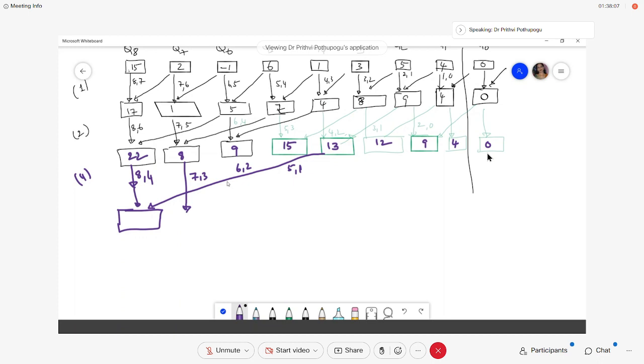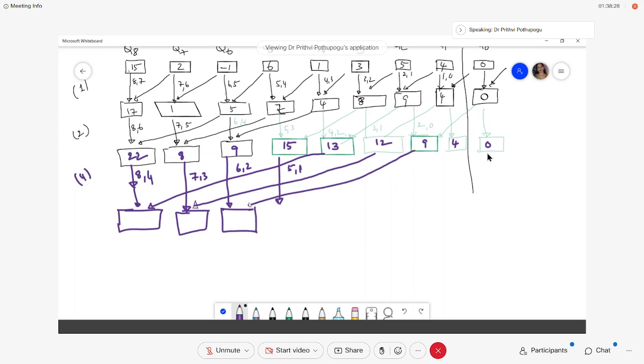Let us see how many neighbors are available for this. 7 talks with 3. So this is 3. 6 talks with 2. 5 talks with 1.